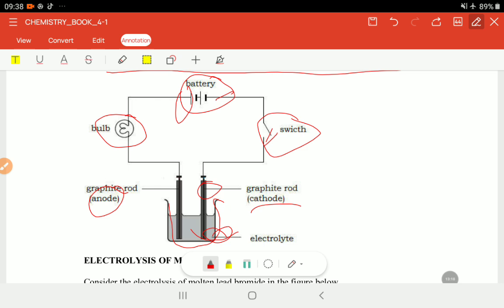bigger container, like a basin, but it has to contain that electrolyte. So in the next lesson we will look at the actual process of what really happens for there to be that electrolysis, to the point that the bulb lights and the ammeter reads and records that indeed current is passing through.